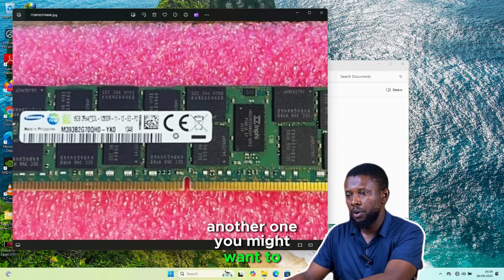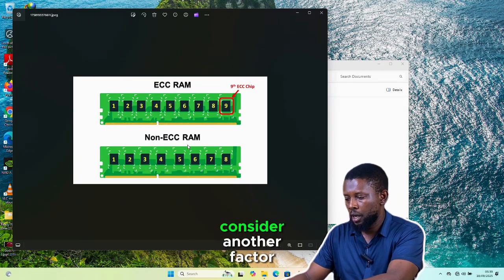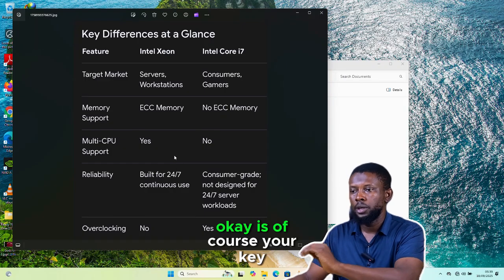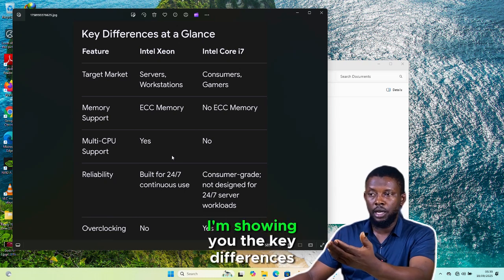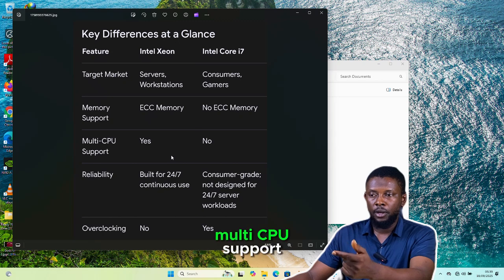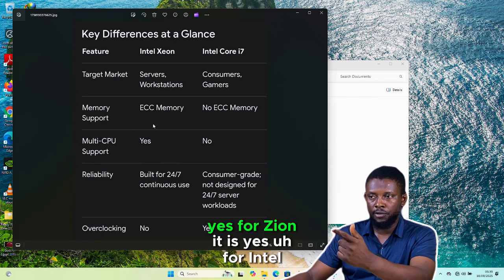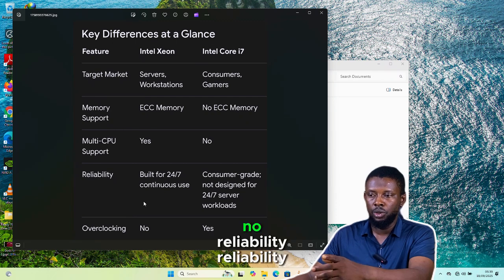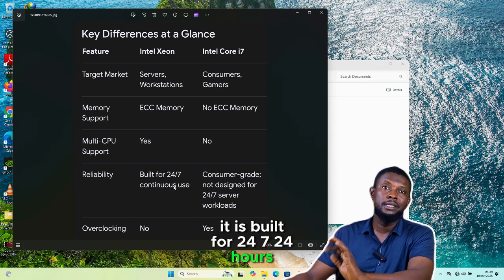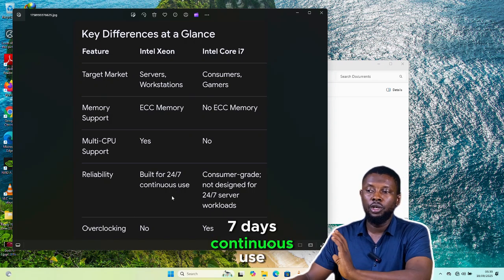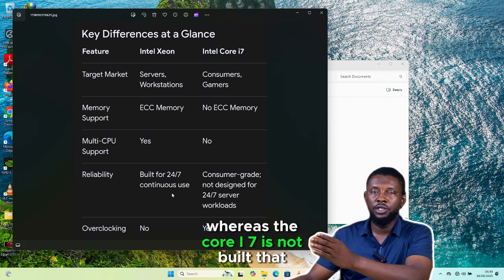Another factor you might want to consider is of course your key differences. I'm showing you the key differences again now. Multi CPU support: for Xeon, it is yes. For Intel Core i7, no. Reliability, in what sense? It is built for 24 hours, 7 days continuous use, whereas the Core i7 is not built that way.